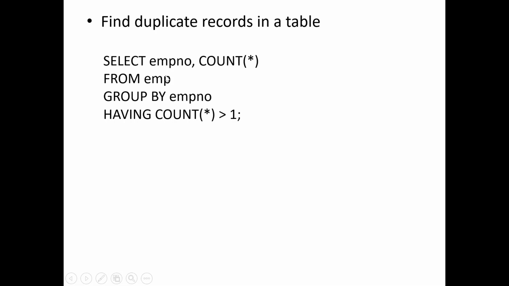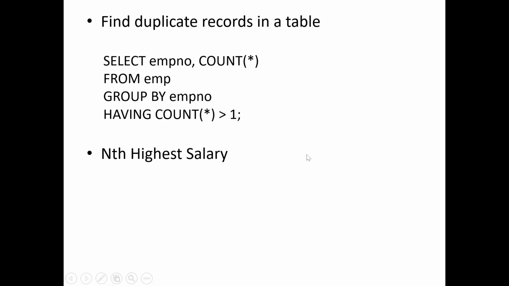This query will show the employee number, and the second column will show the number of records. Suppose there are 5 records for a particular employee number, so that record will be listed here. That is a duplicate record.